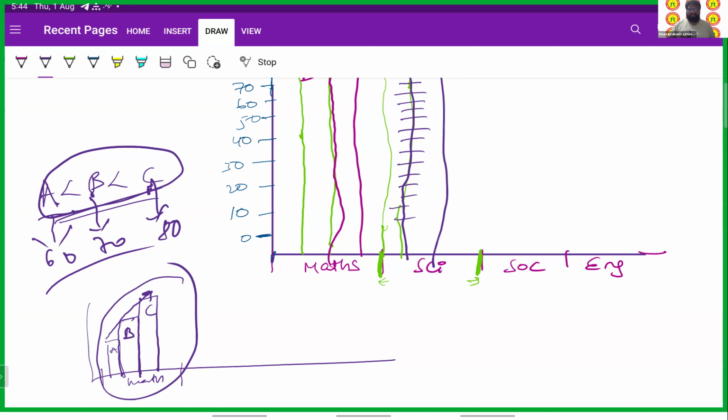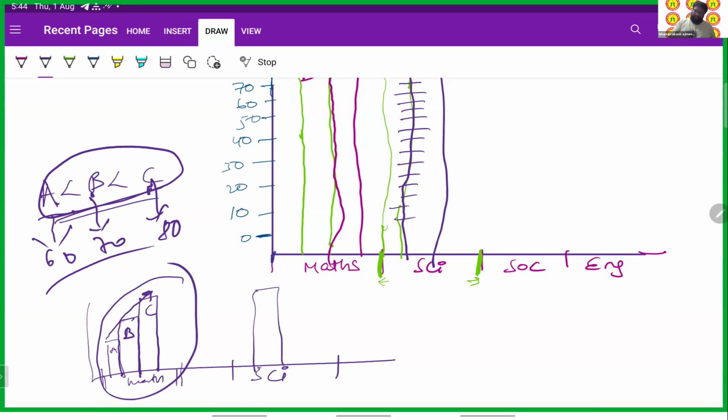Which subject's marks are we comparing here? Maths. If I ask you to do it for science, again you will create a separate slot on the x-axis and go for the same method.